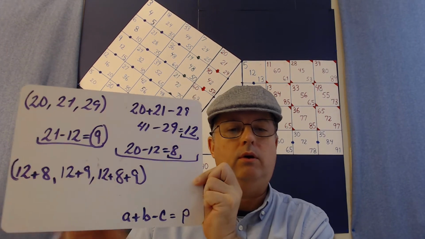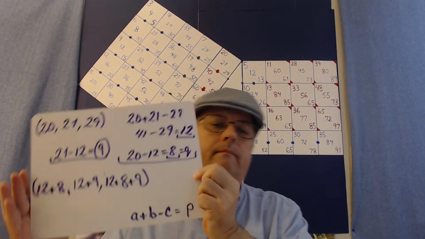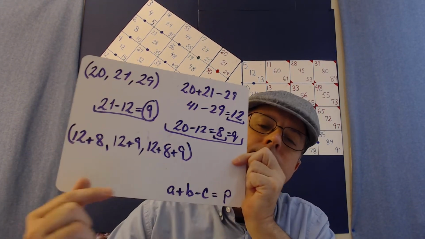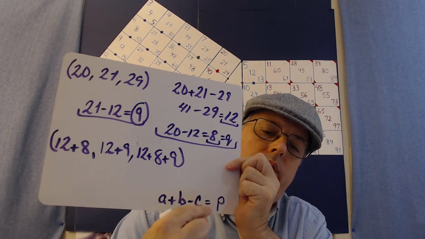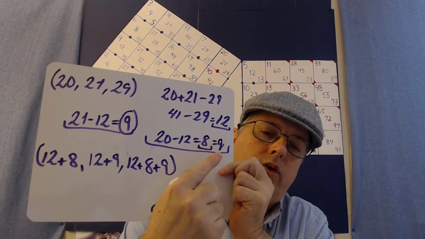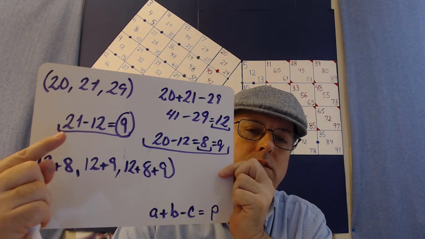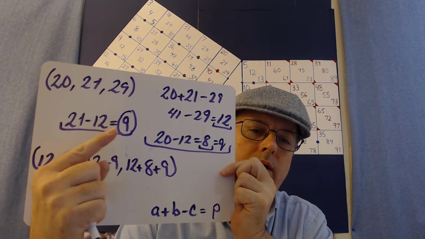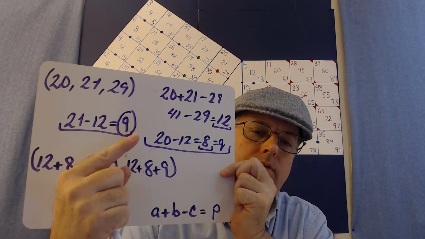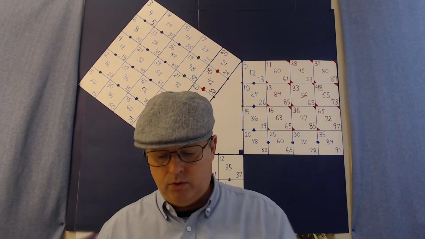And so let's call that the q value. So then p and q, and then when we subtract the 21 minus the 12, that's going to give us this 9, and let's call that value r.